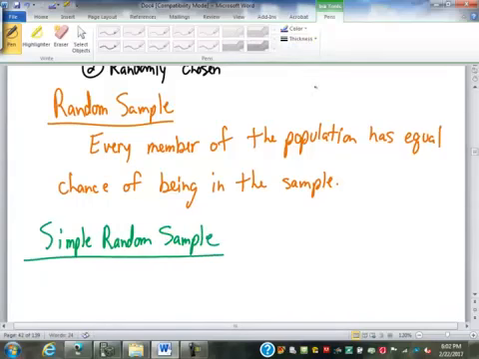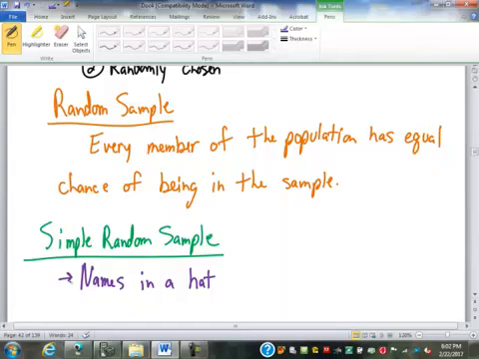The analogy for a simple random sample, to go back to the pre-technology days, is basically putting names in a hat. This could be literally putting the names of everybody that is a registered voter, or everybody who will vote in the next election, in a hat.